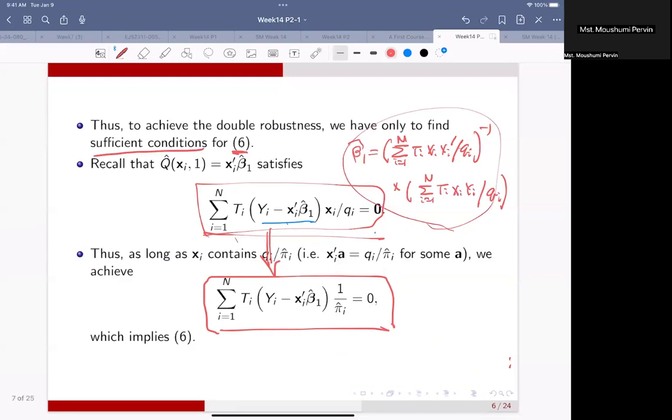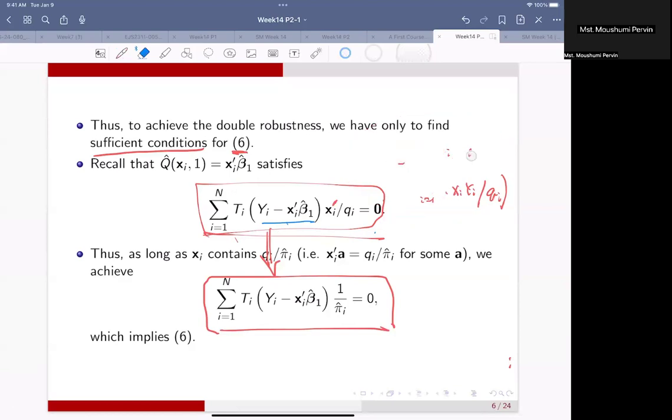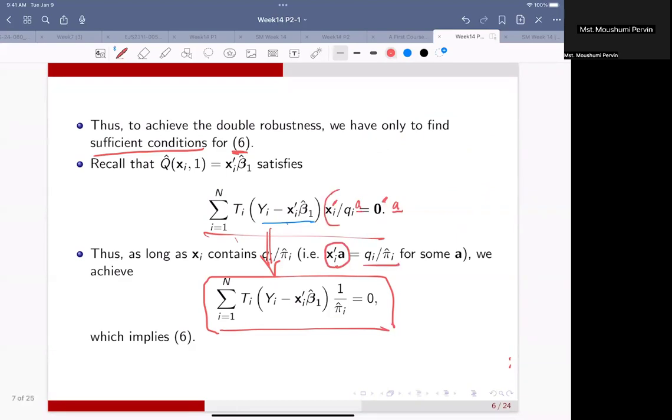So the basic idea is you first transpose, and then post multiply both sides by a, right?